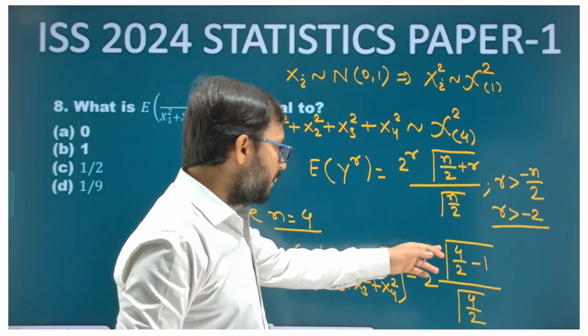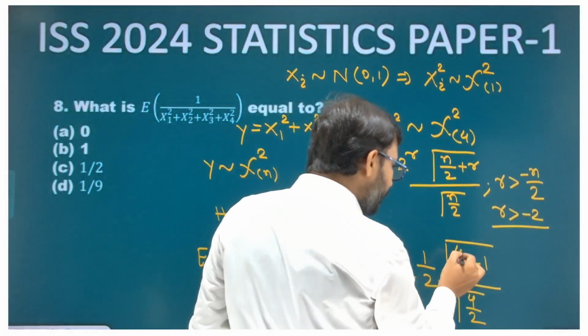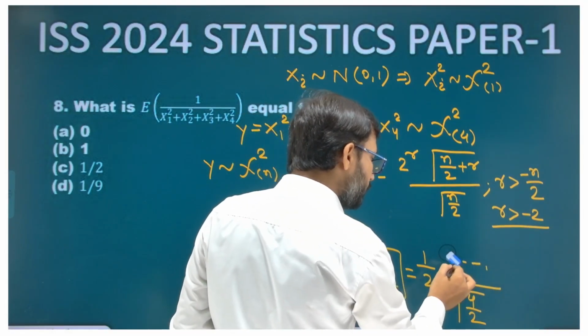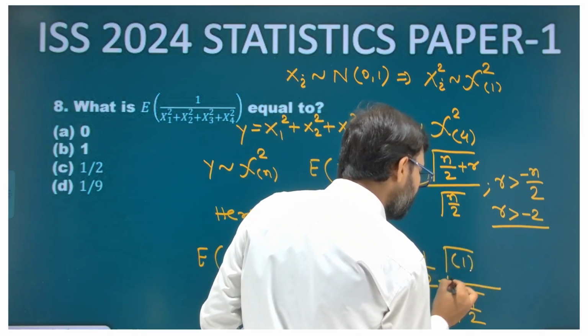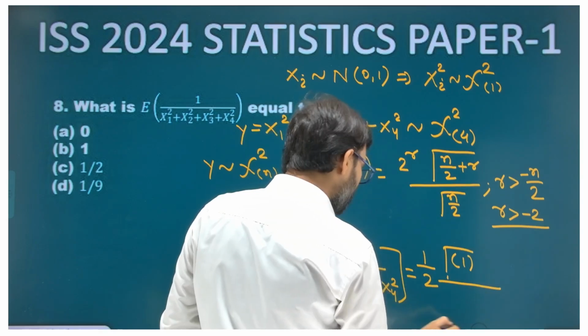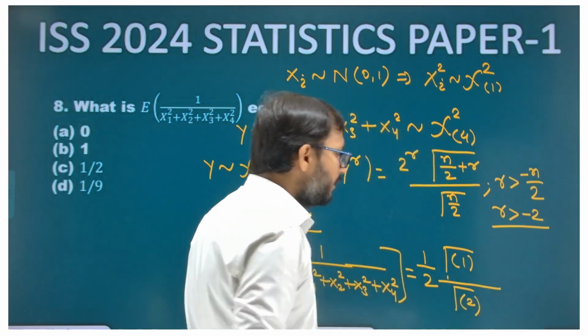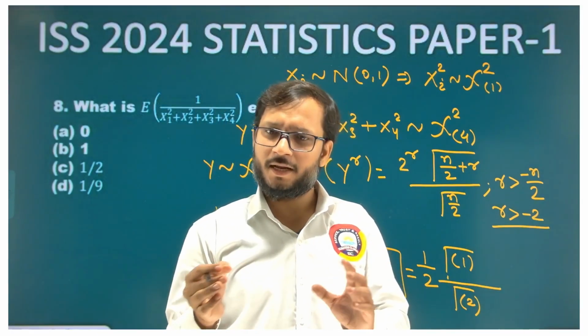So this will be 4 by 2, that is 2, minus 1. So this is gamma 1, and this is gamma 2. Now you already know that gamma n is equal to factorial (n minus 1).